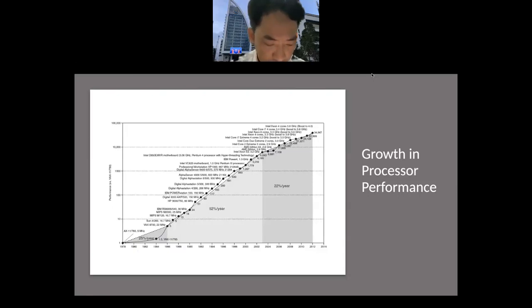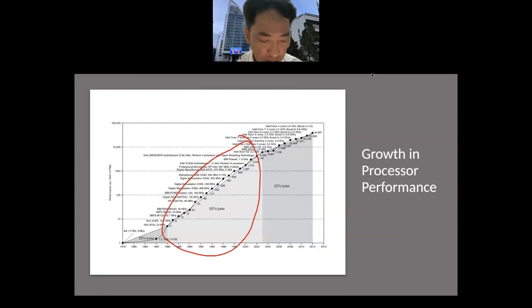And here the growth rate of the computer is very high. It's about 52% per year. It means that if you buy a computer today, next year there will be a computer 50% faster than the computer today.